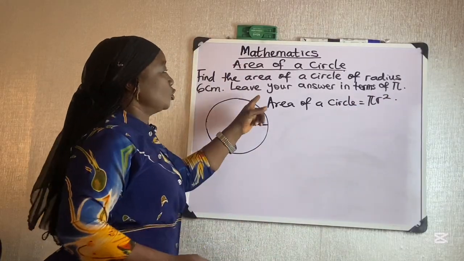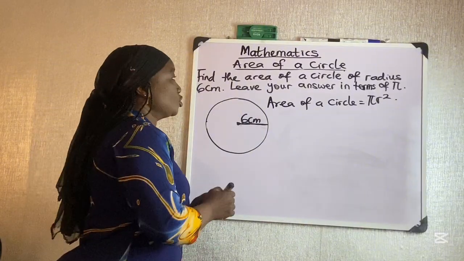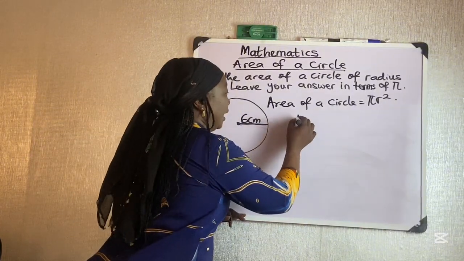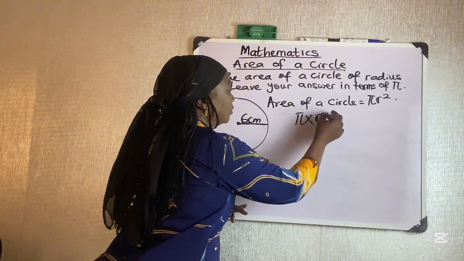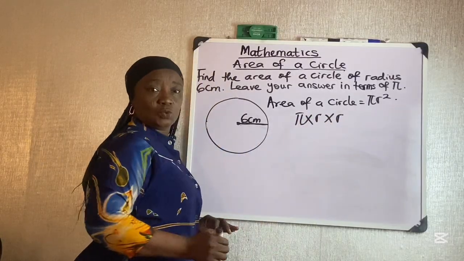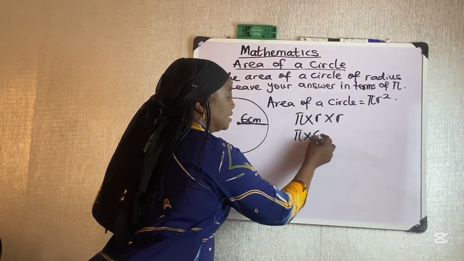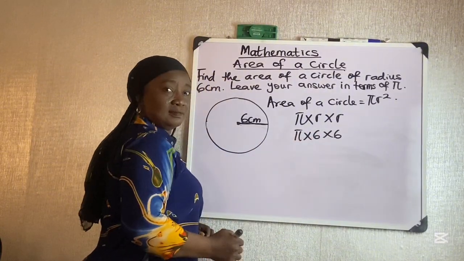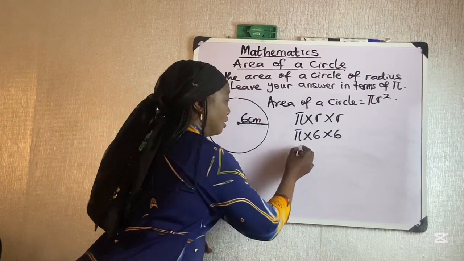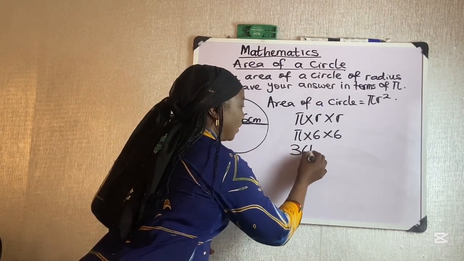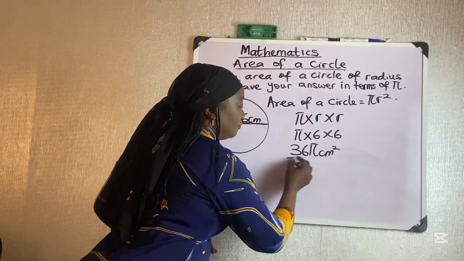But from the question, you are asked to leave the answer in terms of pi. So just rewrite by saying pi times r times r, which simply means pi times 6 times 6, which is going to give me 6 times 6 is 36. You now write 36 pi and put the units cm squared. Final answer.